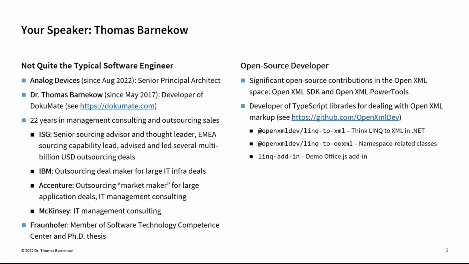However, I've always been a software developer, and in recent years, since 2014, I've actively contributed to open source projects, specifically to the Open XML SDK and the Open XML PowerTools, for example, and some others not related to Open XML. So this is also the background of today's talk.